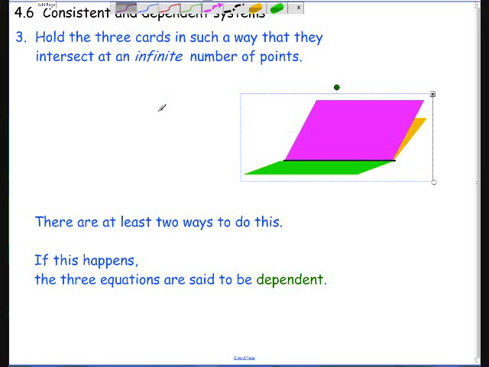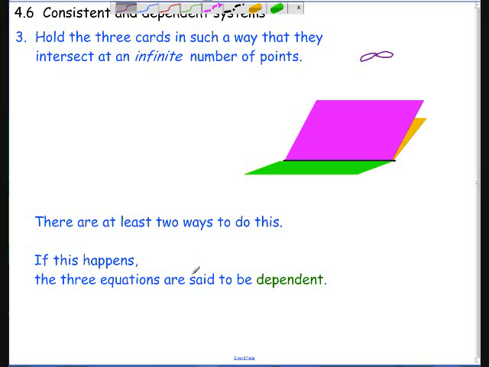Hold the three cards in such a way that they intersect in an infinite number of points. Yeah, it's possible to make these three planes intersect in such a way that we do have an infinite number of solutions. There are at least two ways to do this.